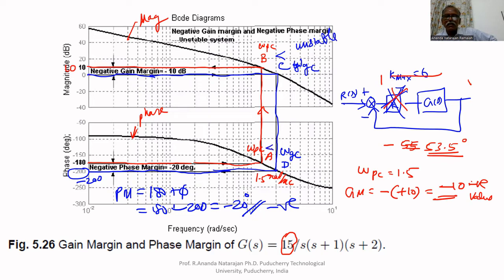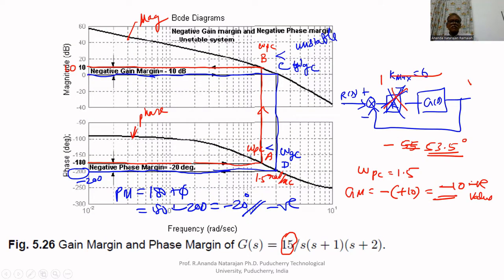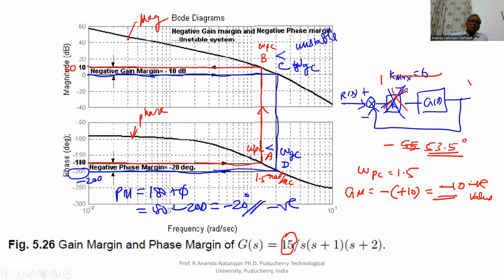Here you see that omega GC is less than omega PC in the stable case, but here omega GC is greater than omega PC. That's why we can say that way also the system is unstable. Negative value says unstable. That's all about gain margin and phase margin.